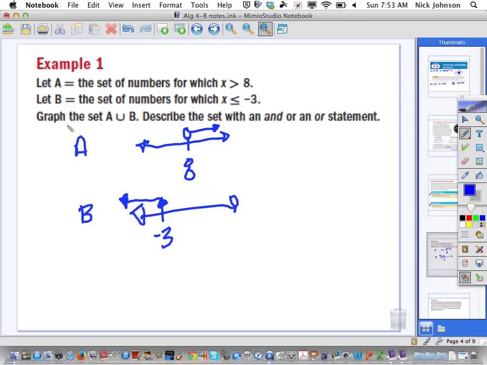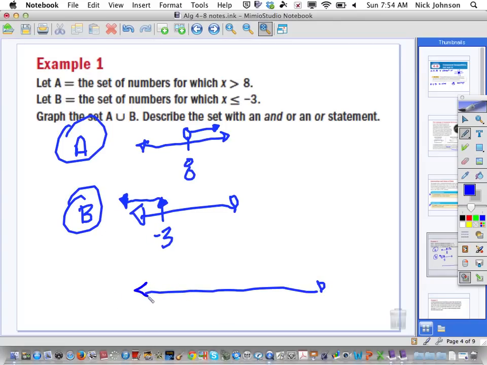And it says graph the set A union B. So we want everything in A, we want everything in B, so we got to include both of them. When I graph this inequality, we want everything in A, we want everything in B, and how we would describe this set is we would have to use the OR statement.